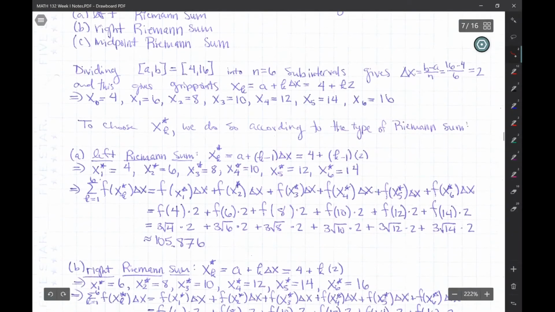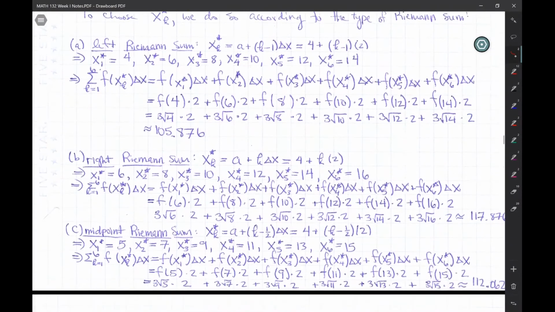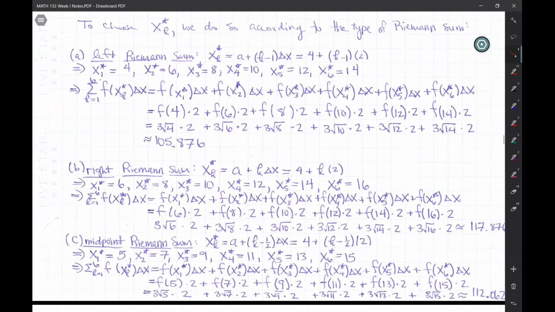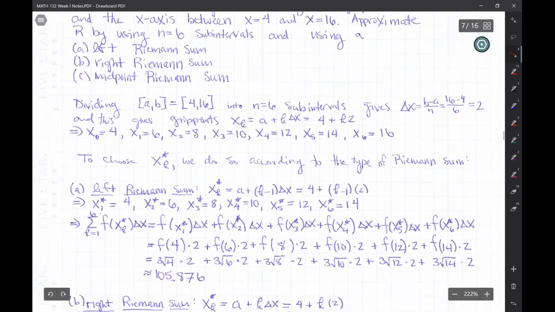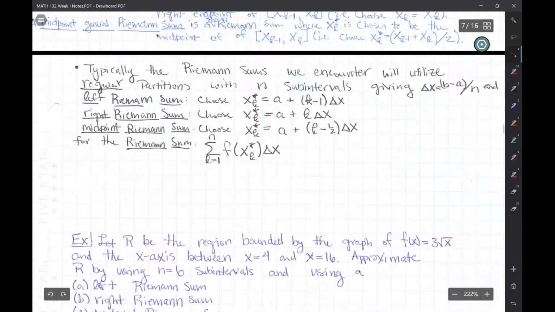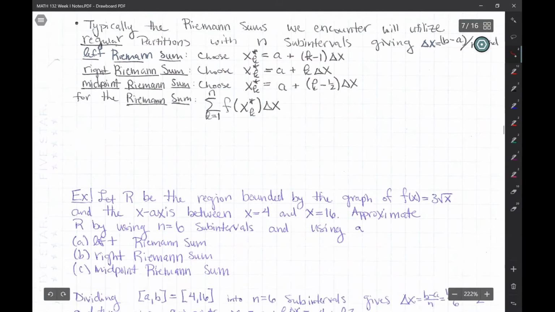Okay, so what if we decided to do a right Riemann sum? Well, now we're going to choose the right endpoints of each of these subintervals, and here we just use this formula for the right endpoints of the subintervals when we have a regular partition.